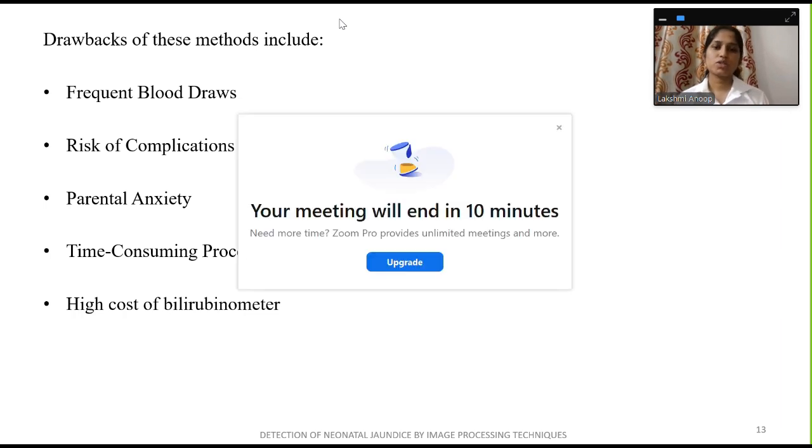This discomfort can also cause parental anxiety. And the fourth one is that it is a time-consuming process, as blood tests are always time consuming. And the third technique, the transcutaneous bilirubinometer, as I said, is a sensor-based device, but it has a high cost, so it is still a drawback of the existing methods.